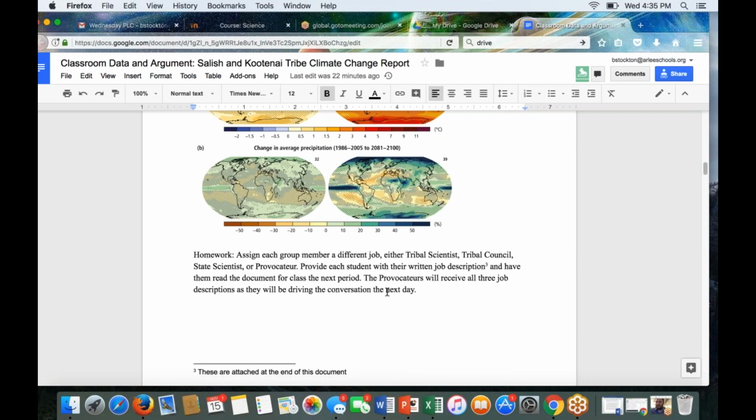They kind of lead the discussion. And within their roles, each one is given a handout, which I've created and placed at the end of this document. The tribal scientist handout is a collection of those quotes like I read earlier from the CSKT report, and also the mission statements from the various tribal science agencies on the CSKT.